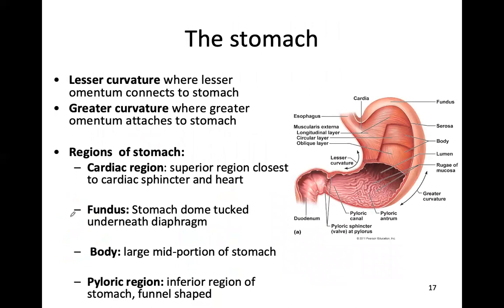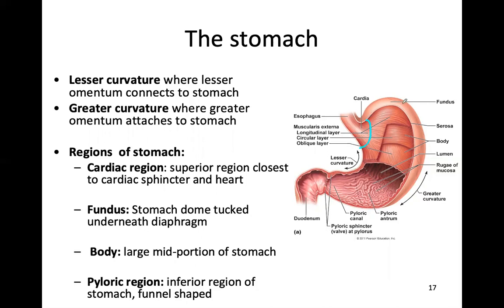Now, let's go ahead and talk about the anatomy of the stomach. The stomach is made up of 4 sections. You have the region right where the esophagus connects to the stomach, which is where your cardiac sphincter is. It's called the cardiac region.